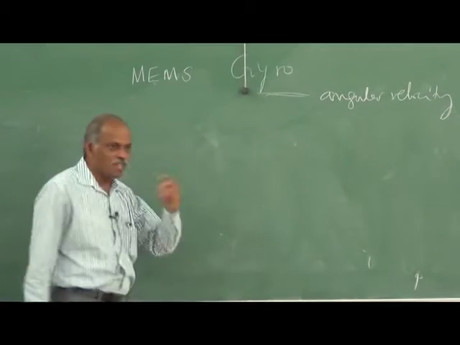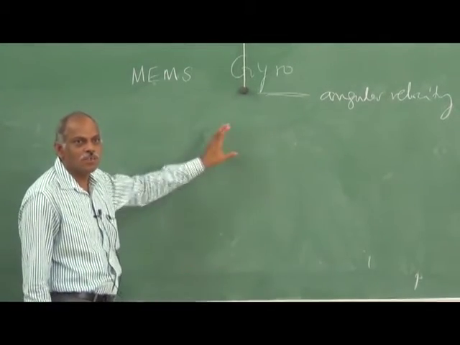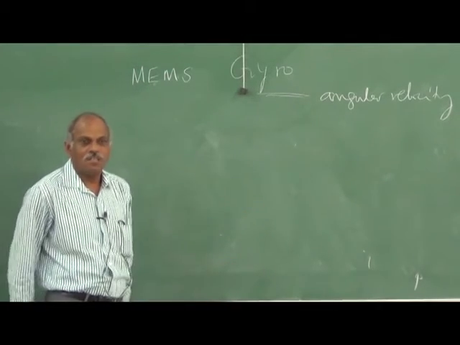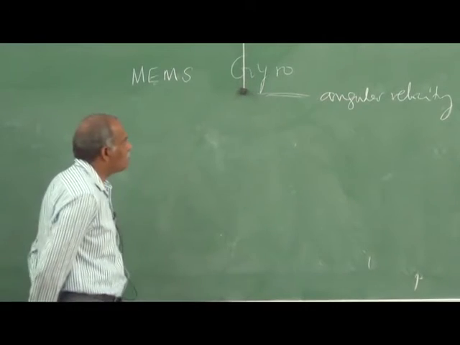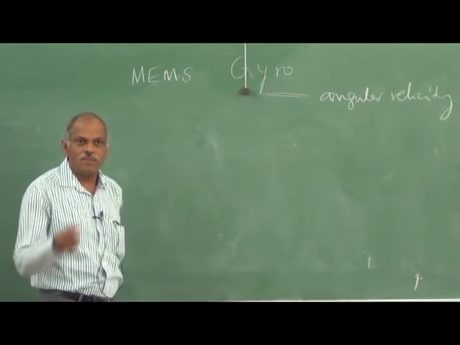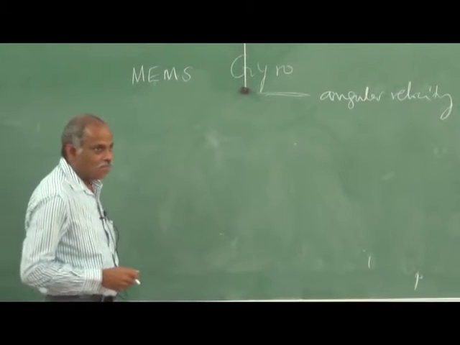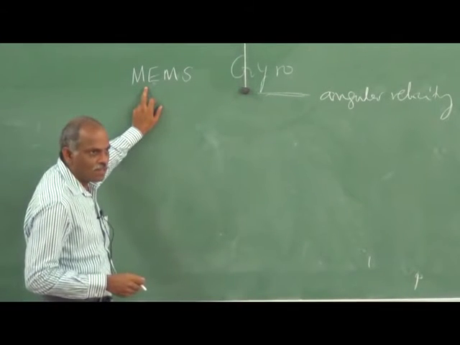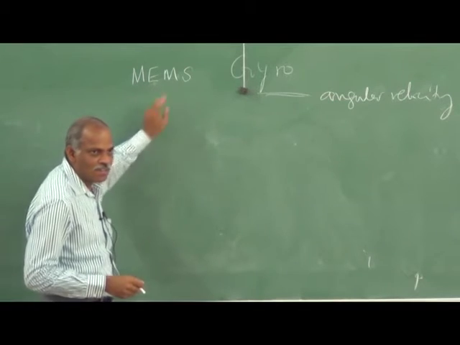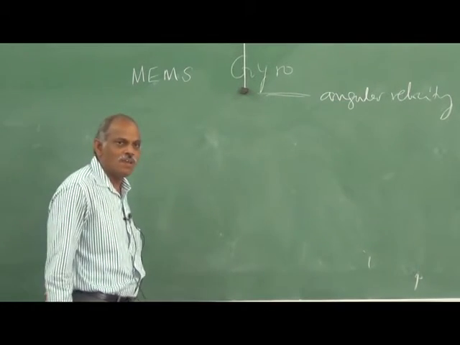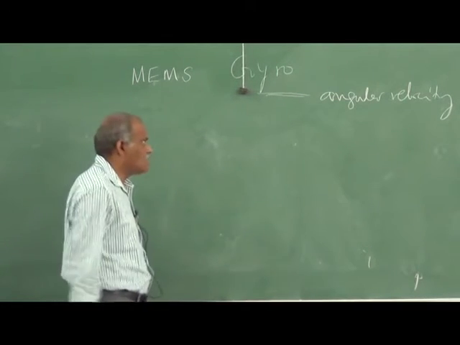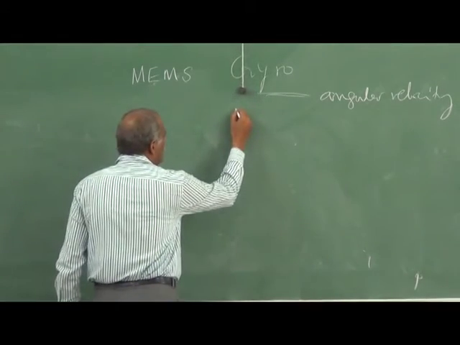So what we are going to see now is the principle of such a gyro, which is made in a very tiny size using the technology that is micro electromechanical system. It happens to be an electromechanical system which is made at a very small level.